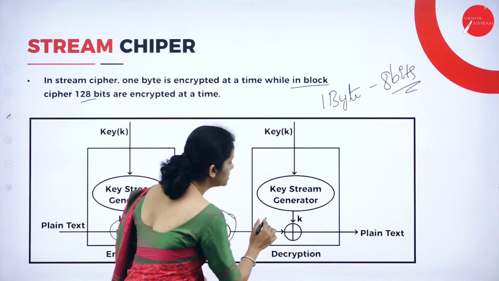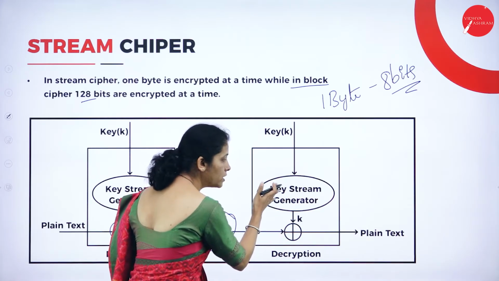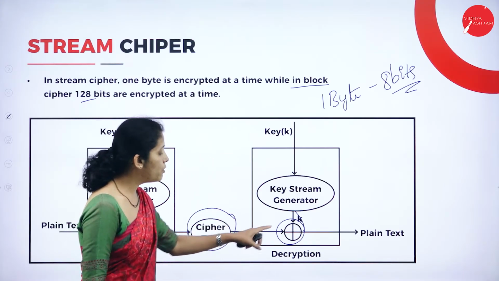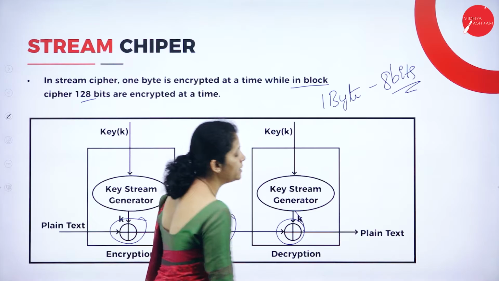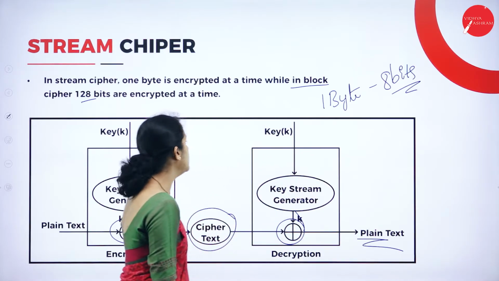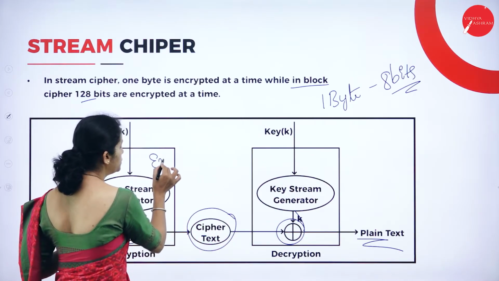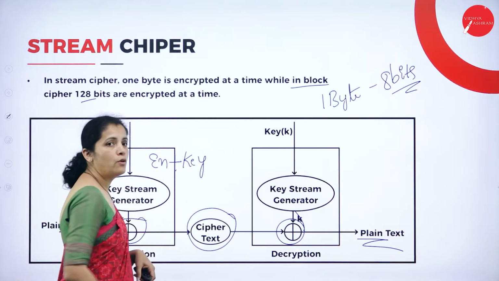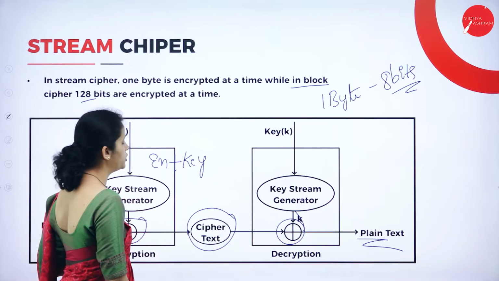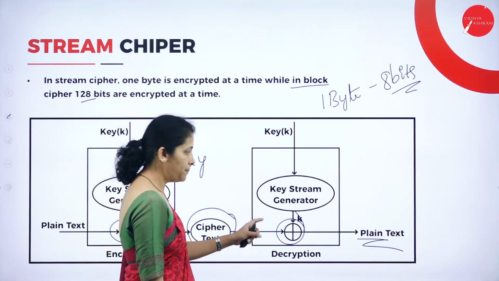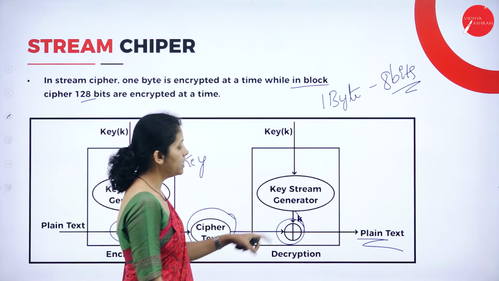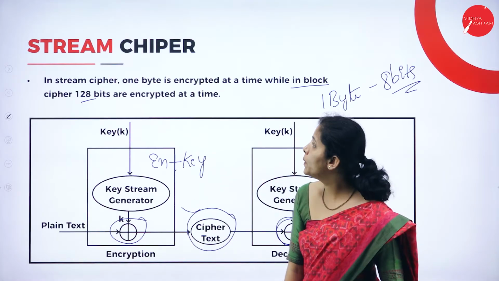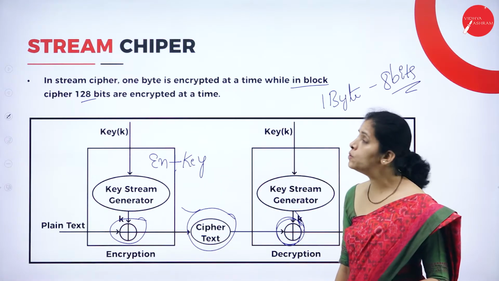So we have ciphertext with decryption algorithm plus key, and I perform an XOR operation. After performing the XOR operation, I get the plain text. So at the sender side I use the encryption algorithm plus key and perform an XOR operation, but here I have ciphertext decrypted with key, and I perform an XOR operation in order to get plain text. This is the way the stream cipher works.